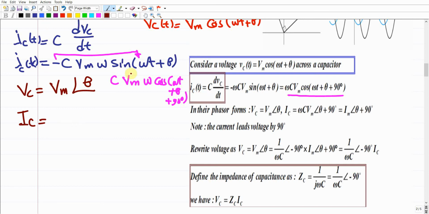So the current phasor is C Vm omega for the peak, and the angle is theta plus 90 degrees.